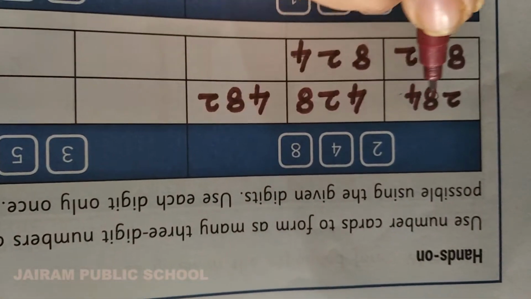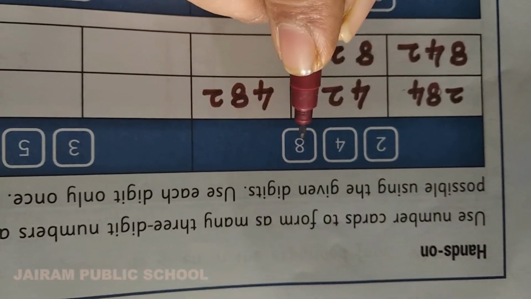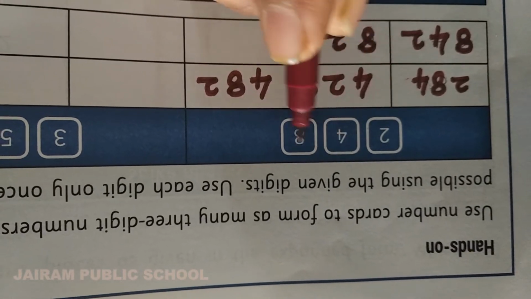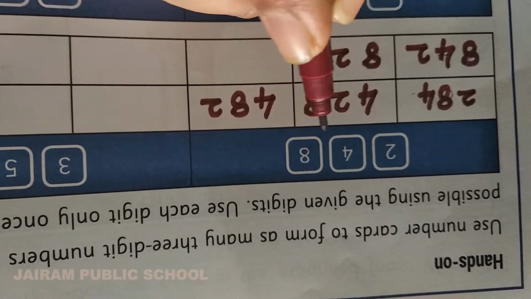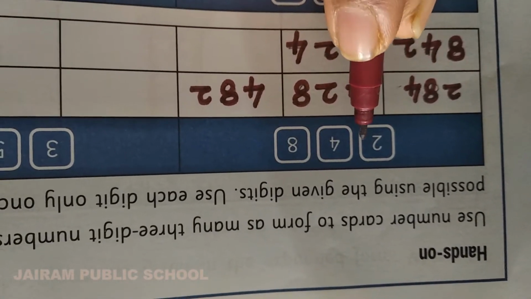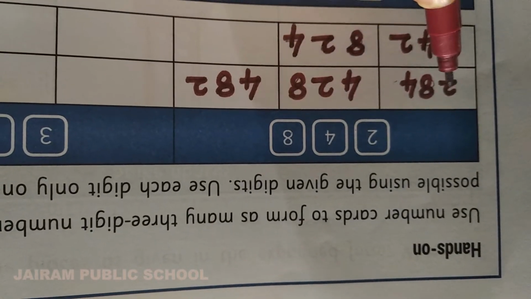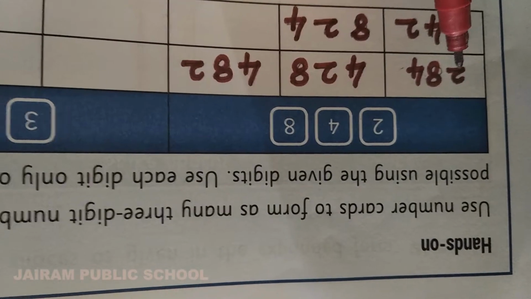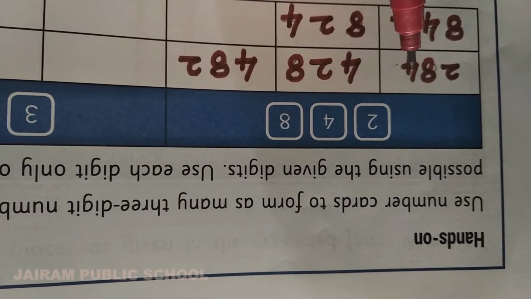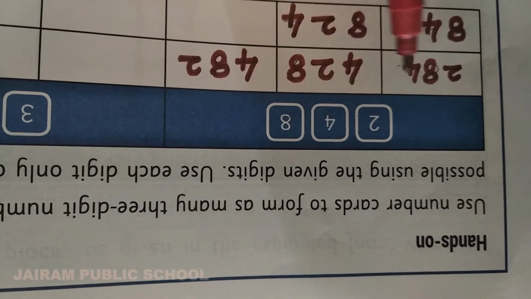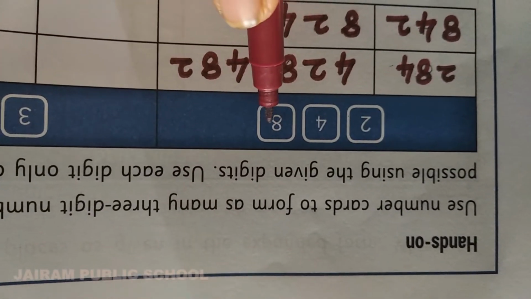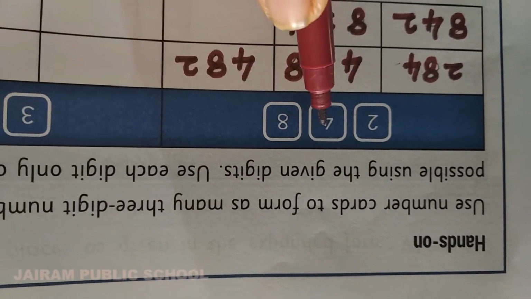See one example I have shown. 2, 4, 8, they have given these 3 numbers. Using these 3 numbers we want to create another 3-digit number. Here they have given 2, 4, 8. So I have formed 2, 8, 4. Each number can be used only one time. And another one, 4, 2, 8, and 4, 8, 2.